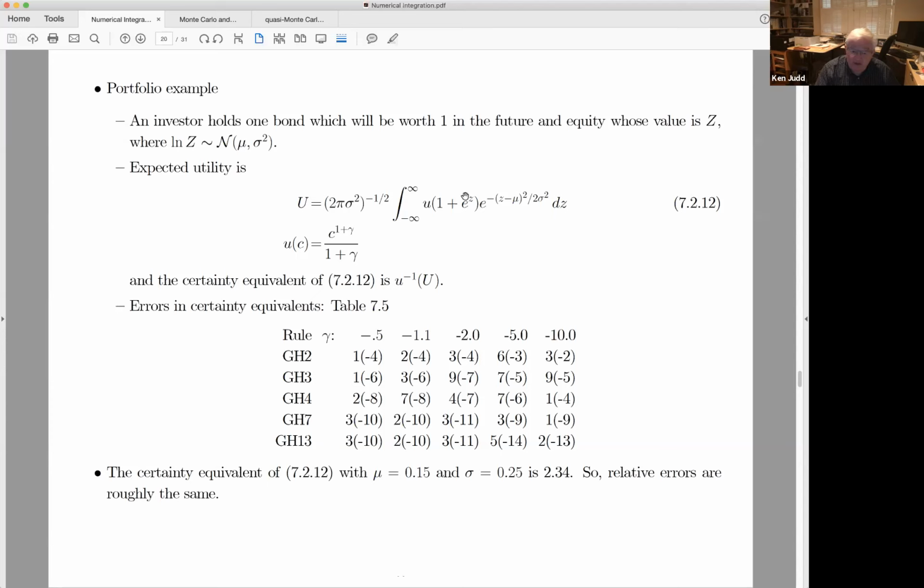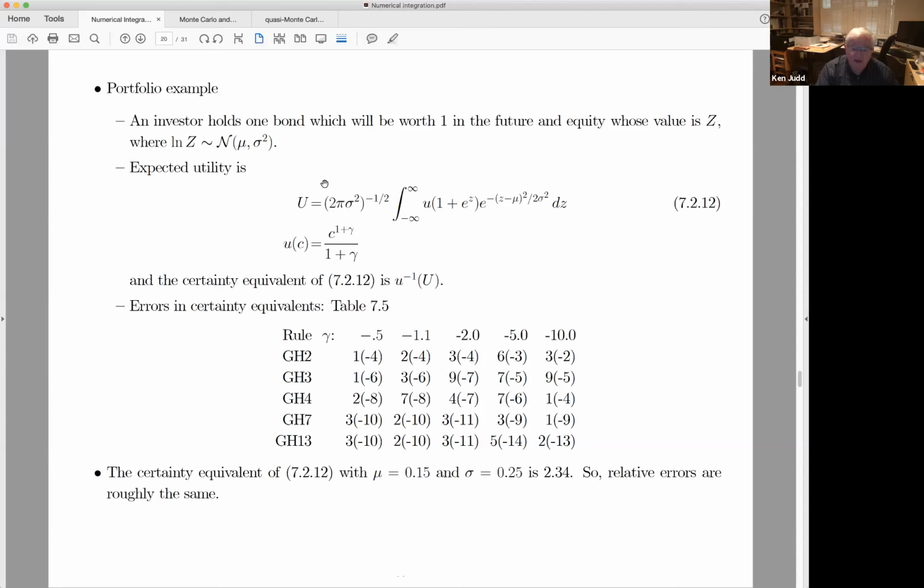However, big Z, e to the little z, is going to vary from 0 to infinity. And so then this integral is well defined, because for little z equals minus infinity, e to the little z will be 0, and so then this will be fine, and you'll be able to compute this expectation.